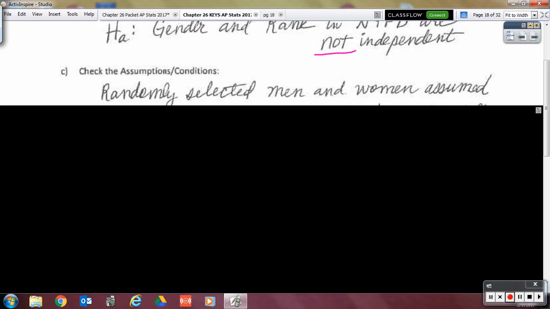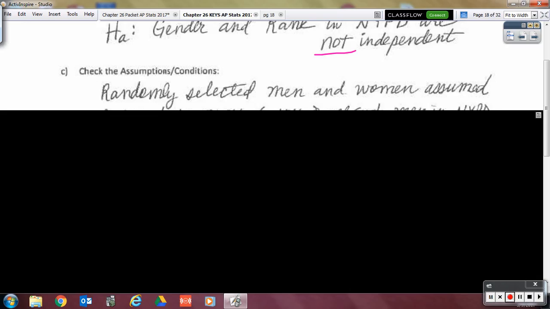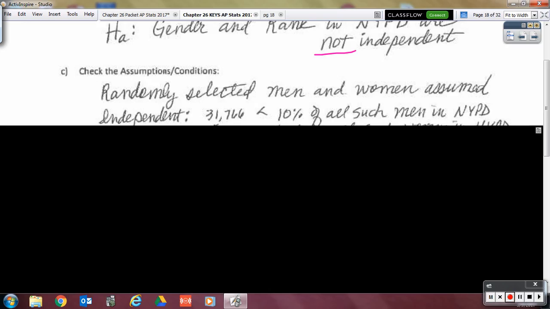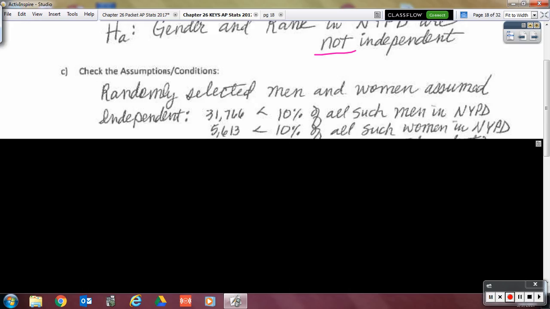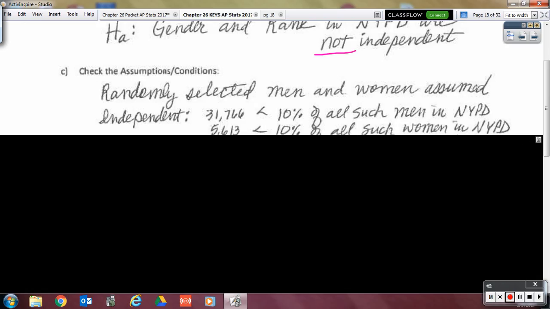Remember, these are my two groups of data. So I'm saying that 31,766 is less than 10% of all such men in the NYPD. I don't know if that's ever or what, but, and that 5,613 is less than 10% of all such women in the NYPD. And I have two groups, so what am I going to say about the males and the females?